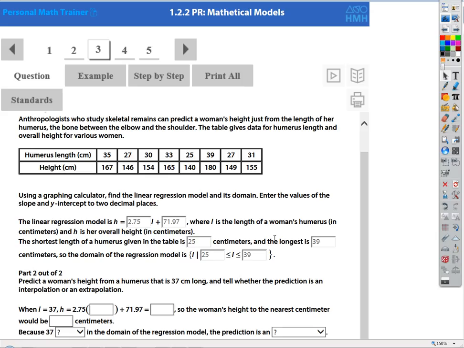Plug it in, right? I've got this model up here now. Now I'm just going to take the value of 37 and plug that in for L, right? So all I've got to do is multiply 2.75 times 37, get an answer, and then add 71.97 to that. And what do I get if I do? Somebody?